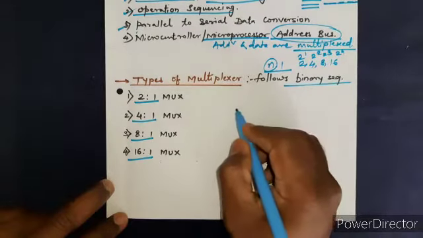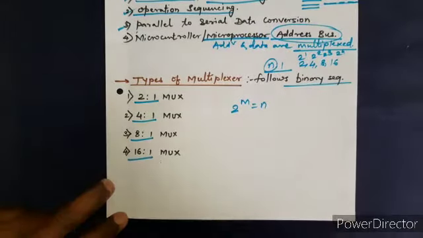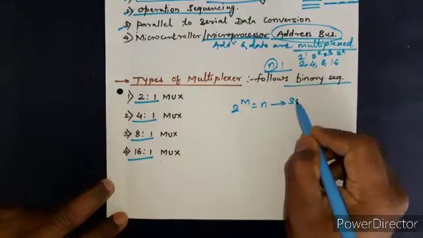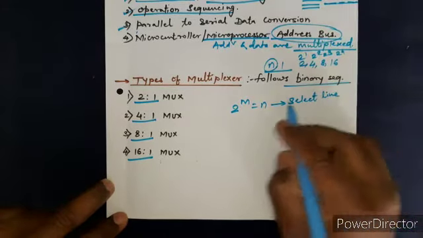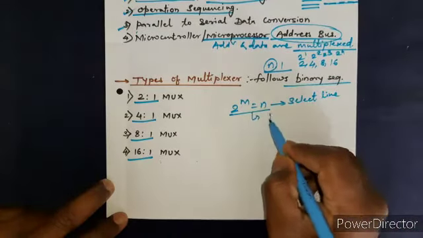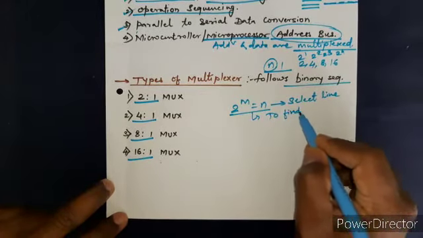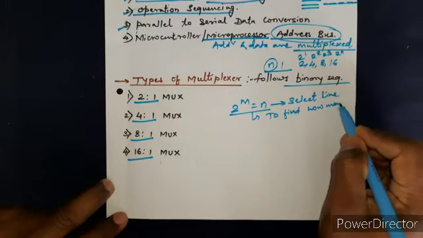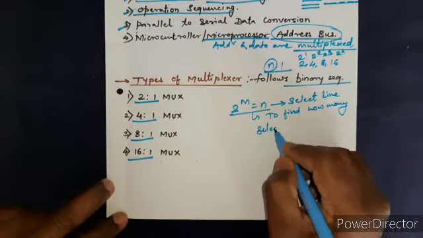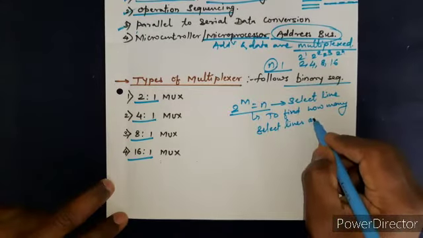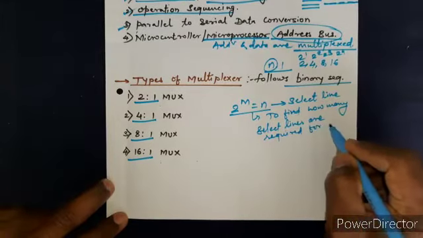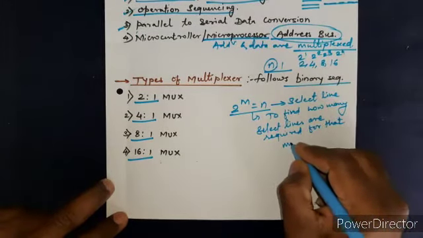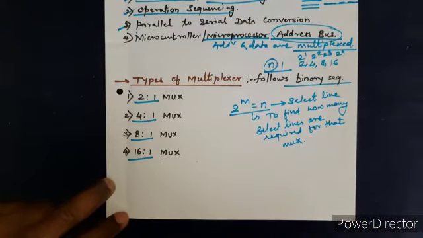Then we can use the equation 2 raised to m equals n to find how many select lines are required for that mux.